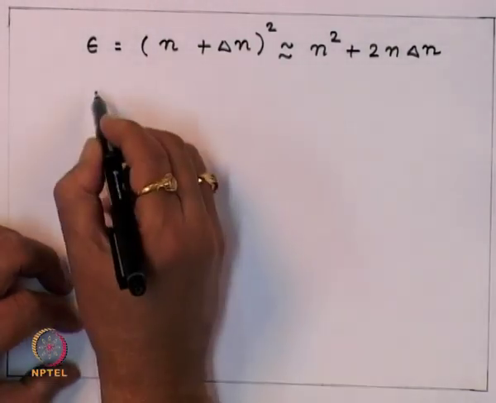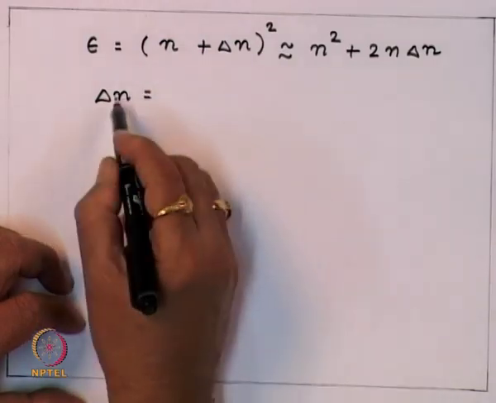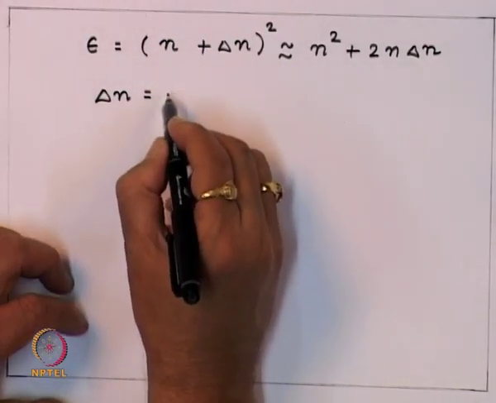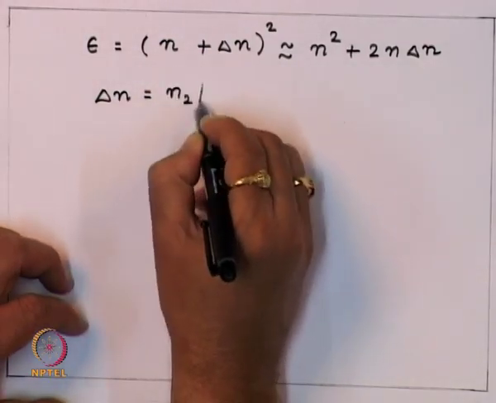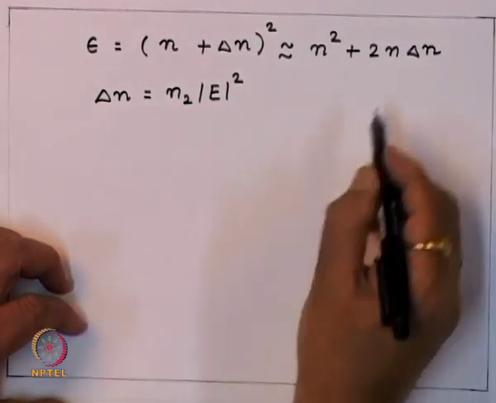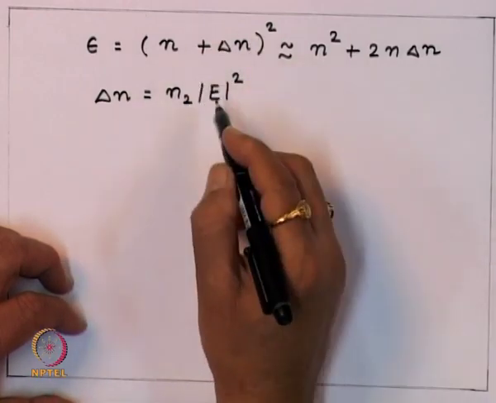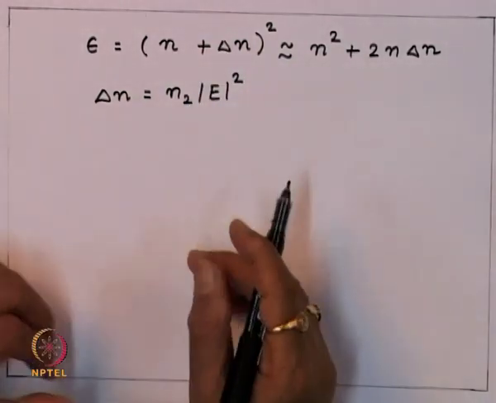And this delta n, as we have seen earlier, is because of two factors. One is because of non-linearity, which is given as this, and the loss term, because we have seen that the first order susceptibility is complex.